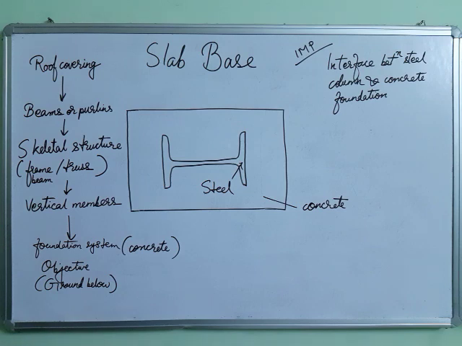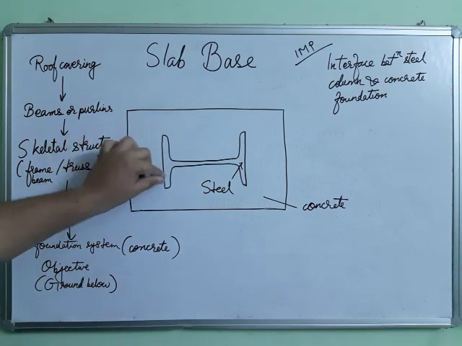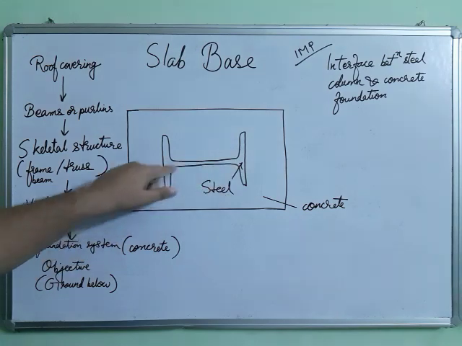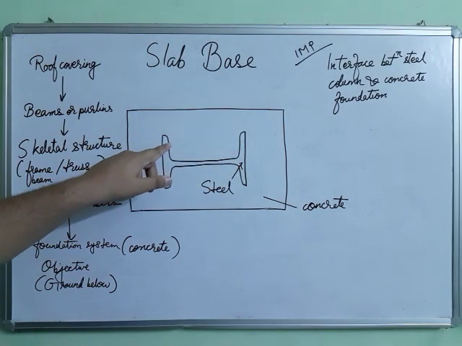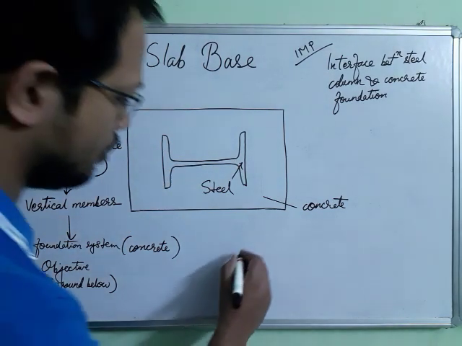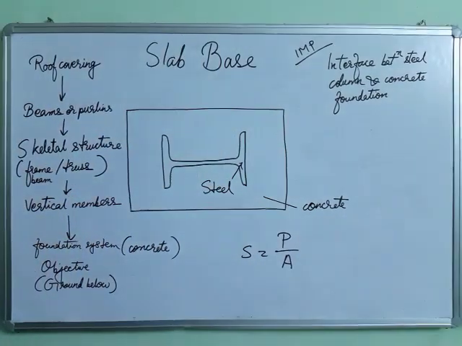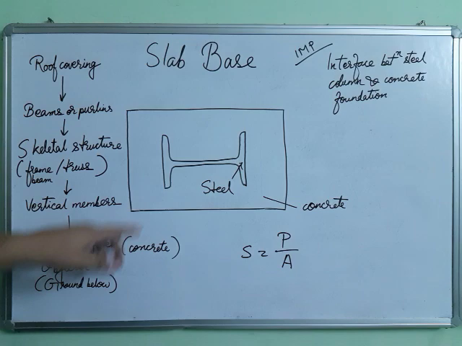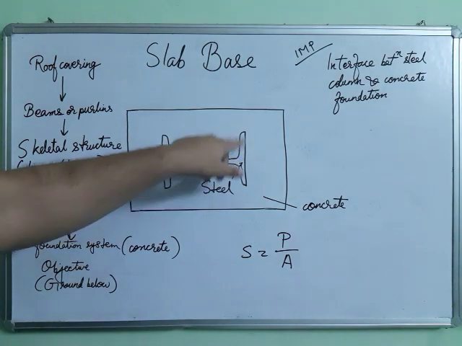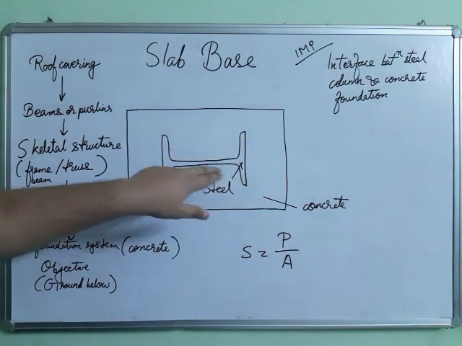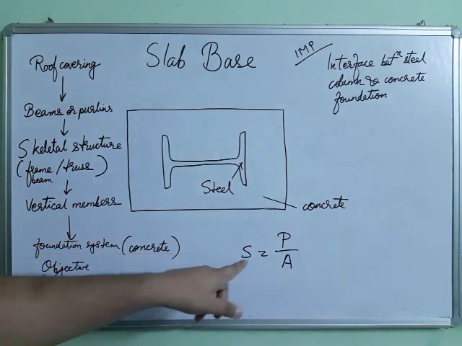The reason is that the load acting on this will create a stress which will be very high, because the area of the I section is very less. You know that stress is equal to load by area. So if there is a load, then load divided by this area is very less, so obviously stress will be very high.